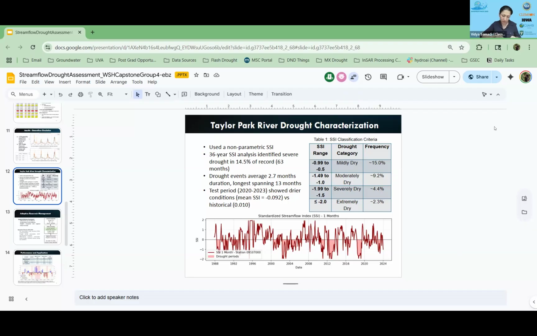Could you also share with us the difficulties or challenges you had in this project or using the WaterSoftHack package, the neural hydrology package?